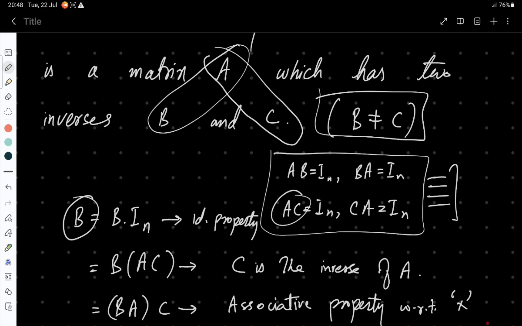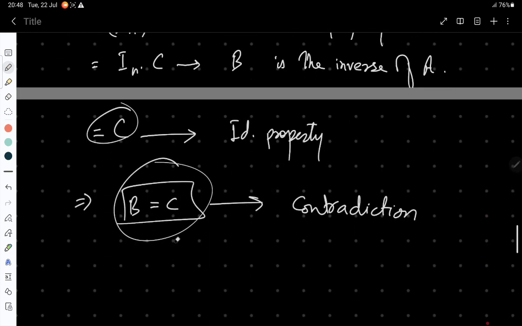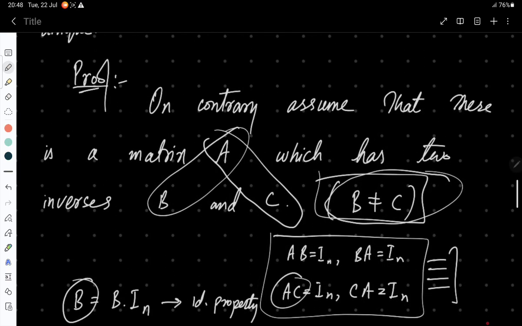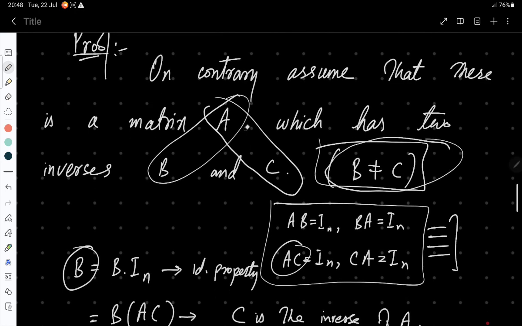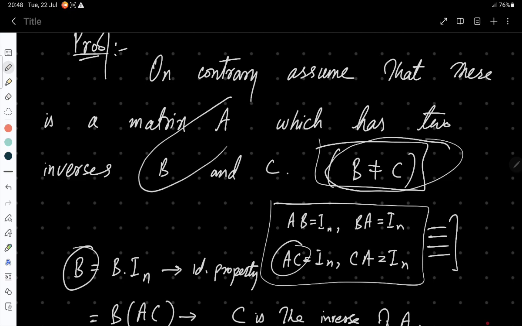A contradiction is a statement which is always false. That means it is always false that B and C are different as well as B and C are the same, because only one statement can be true. So this is the contradiction, and this contradiction only arose because we assumed that A has two inverses.